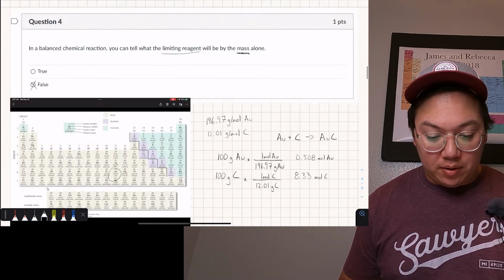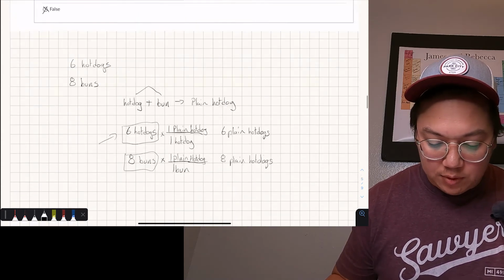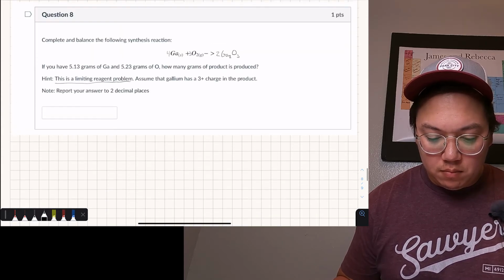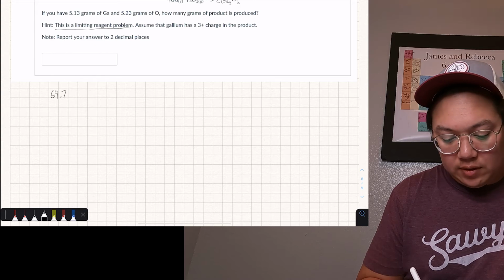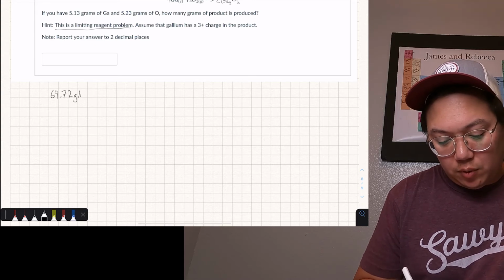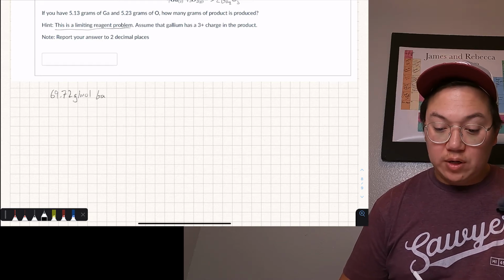So let's go and get the mass of gallium. I'm just going to swipe up here to the top. Gallium is 69.72 grams per mole. And we're also going to need oxygen.